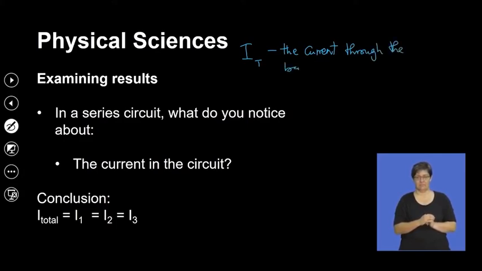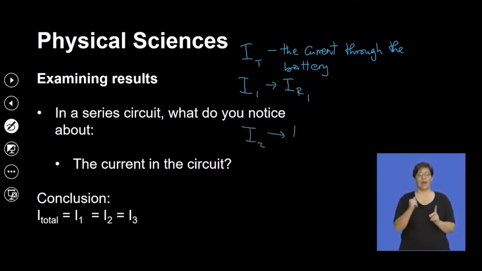When we talk in terms of notation about I1, sometimes it will say the reading on A1. A1 is the ammeter that registers the current passing through R1. So this is the current through R1. And I2 is the current that passes through resistor 2, and so on.